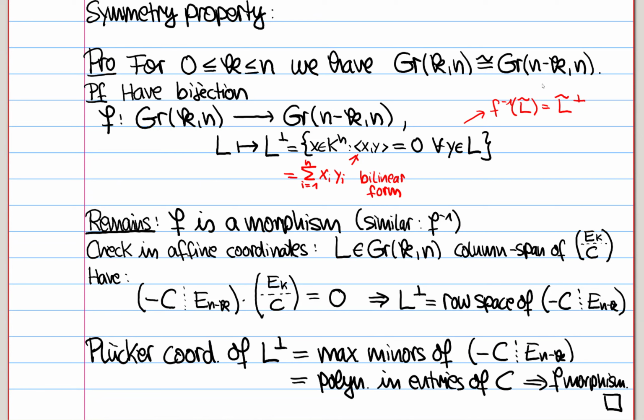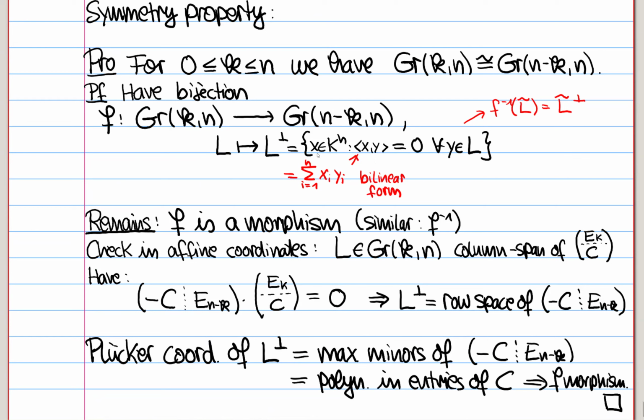And the proof, well, we can just write down the isomorphism that we like, because we start with a k-dimensional space and we send it to its orthogonal complement. So L perp is the orthogonal complement of L with respect to the standard bilinear form.